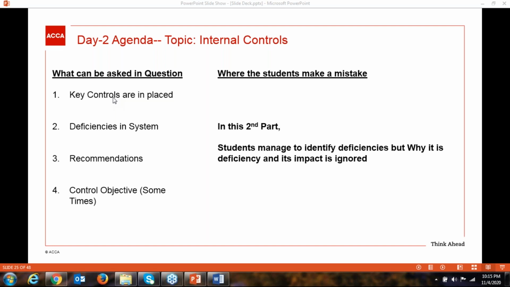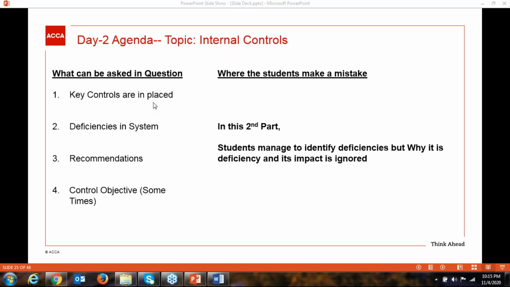These key controls will be given in the question. You just need to identify those key controls, and you have to mention why it is a key control as well.